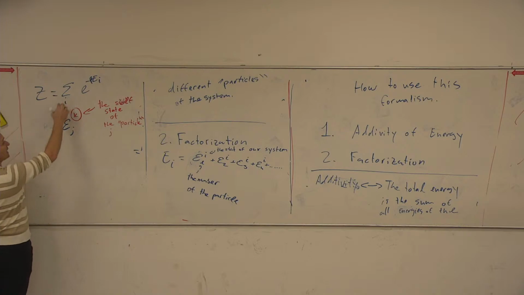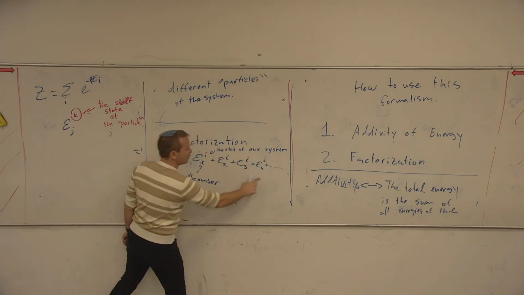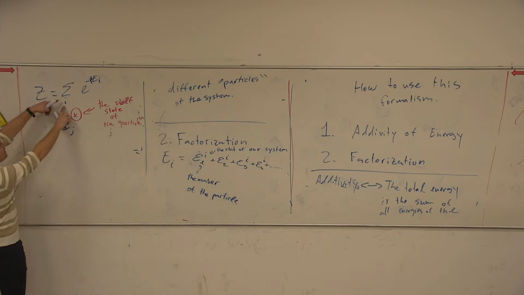So what do I need to sum over here? If I'm looking at this as a self-state, the total energy is still described by those terms, but my running index is already not I, right?